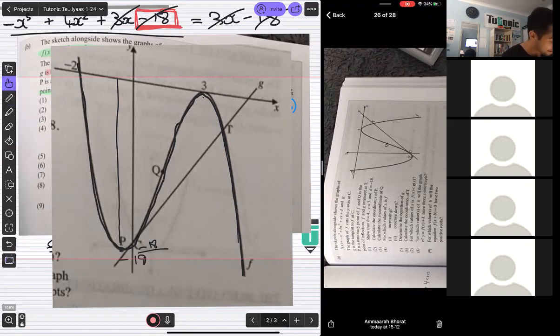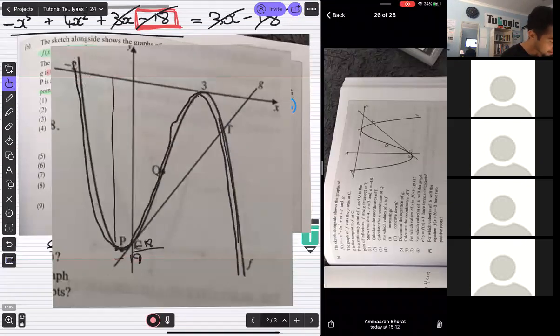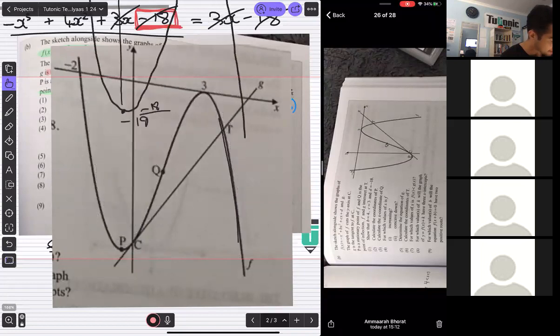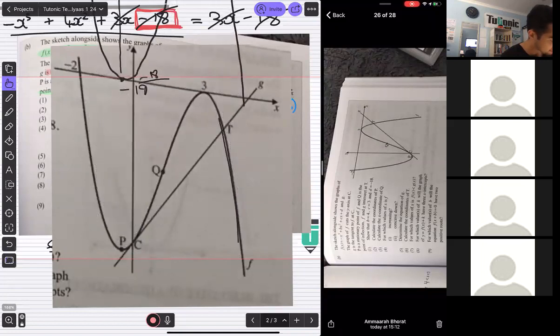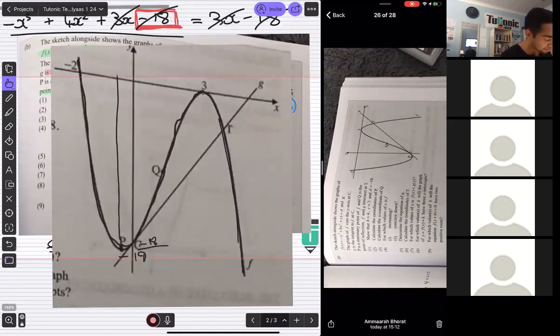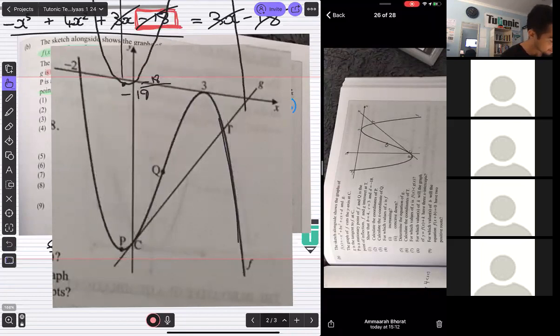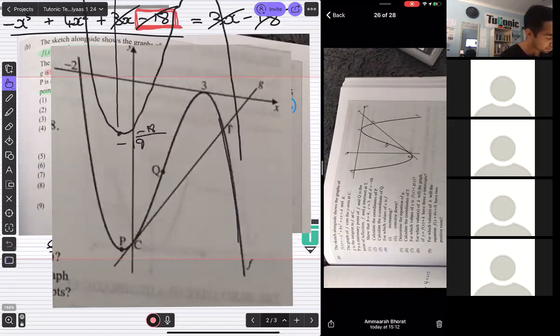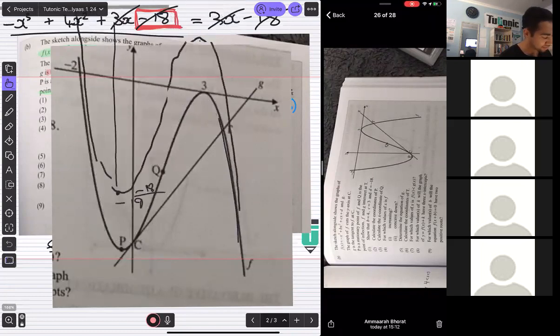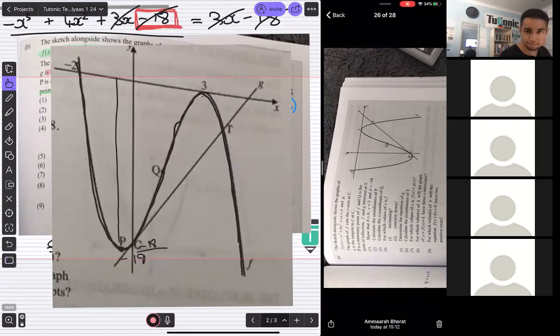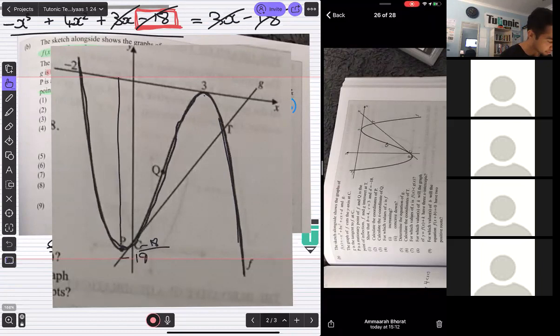So therefore, k can shift up until 19, because this vertical distance is 19, until it starts having 2 x-intercepts. So do you say k is between 19 and 0? Yes. Because when k is greater than 0, what's happening?